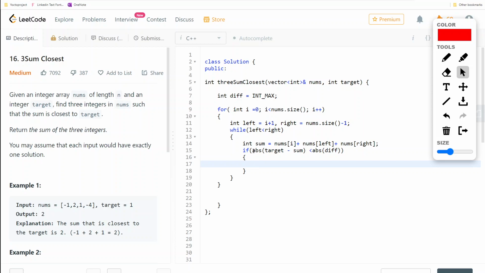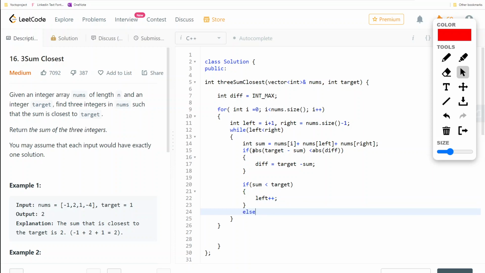Now if that is the scenario, then we'll update our difference with target minus sum. Else, we can directly go ahead with: if our sum is less than target, then we are required to increment our left because our sum is lesser.